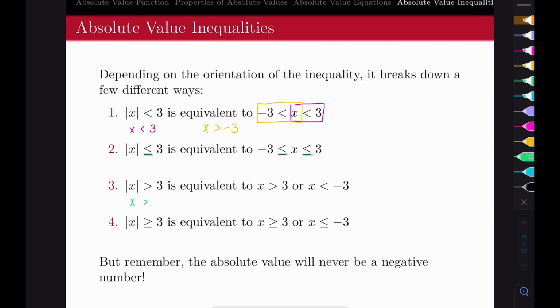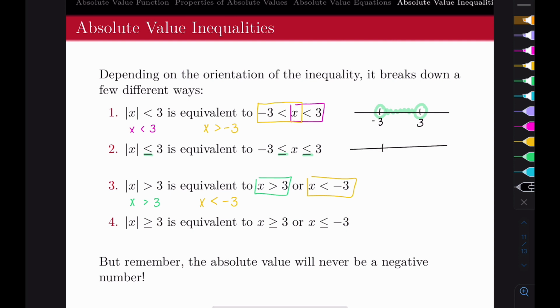I can immediately drop the absolute value and I get x is greater than 3. Or I have to change the sign and make it negative, but then I have to flip the inequality. And so that gives us this second portion. Okay. In terms of number lines, for this first one, the x values are trapped between negative 3 and 3. Can't equal these endpoints, but everything in between is good.